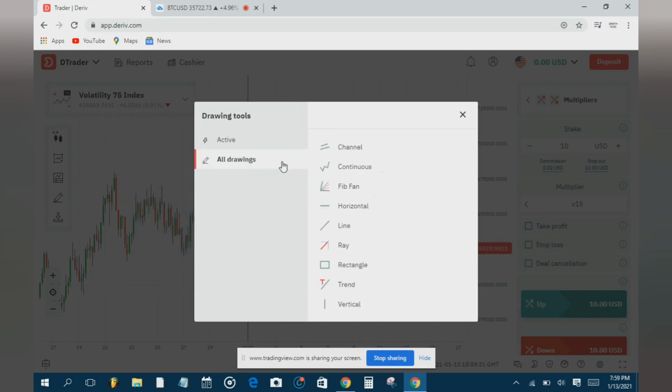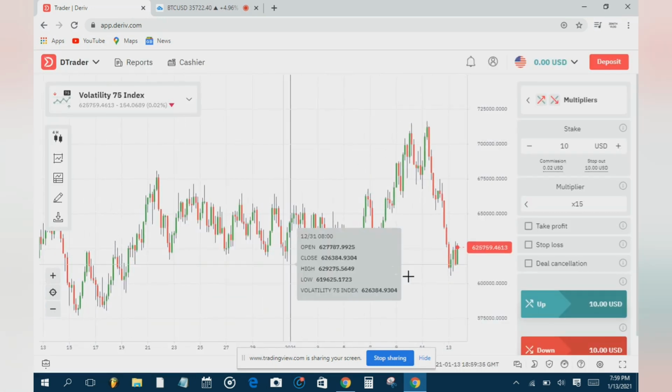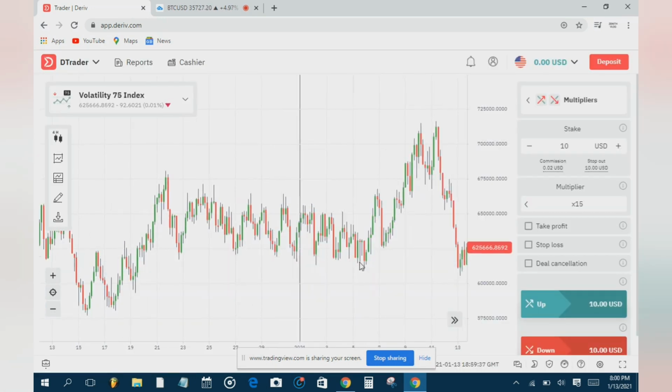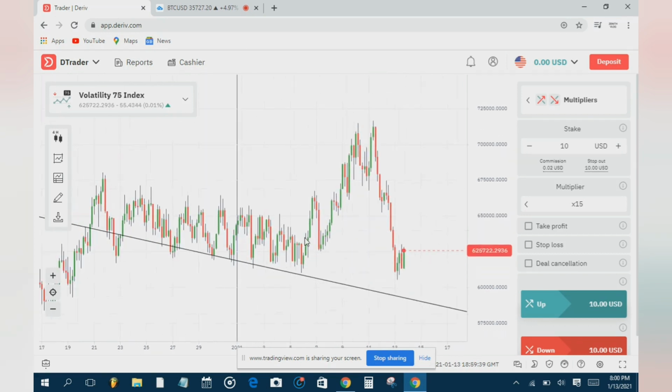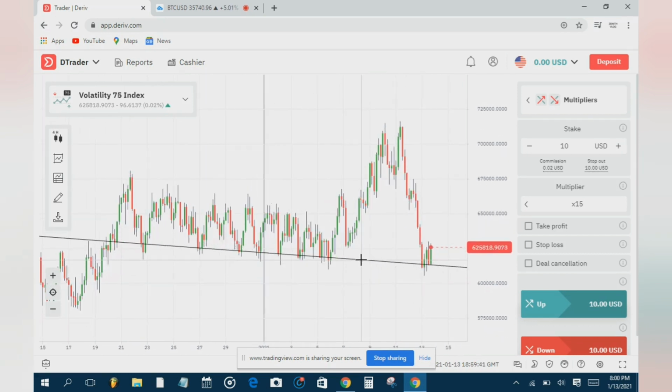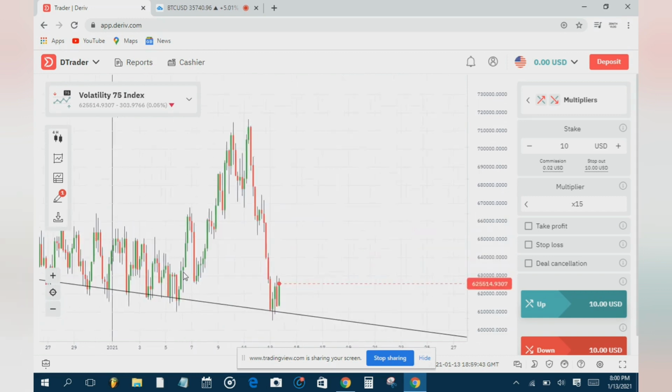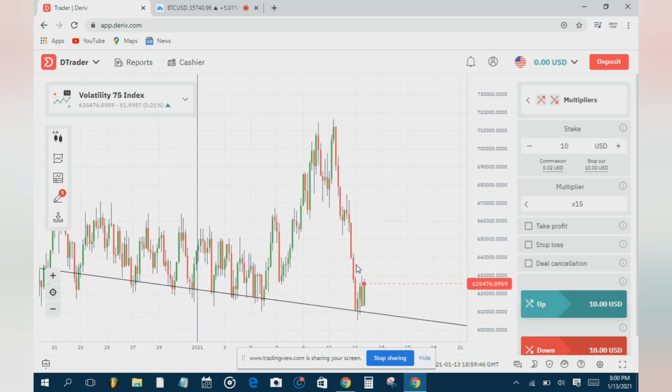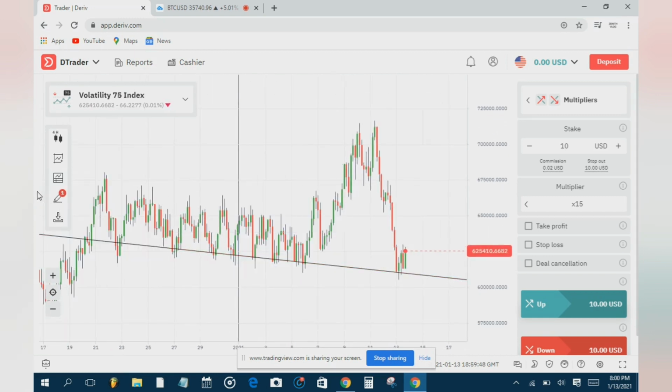I'm going to take it out and we're going to use this line. So as you can see, this is the trend line, and it's also our support.